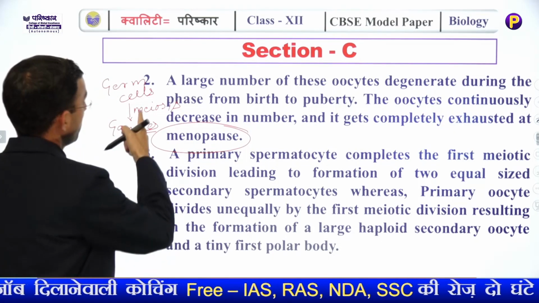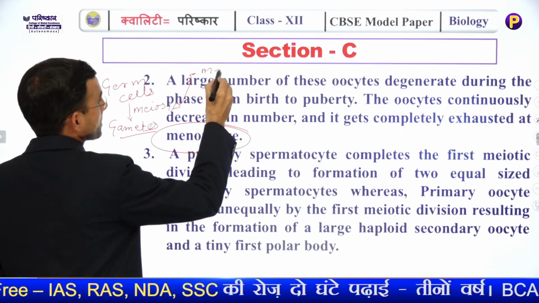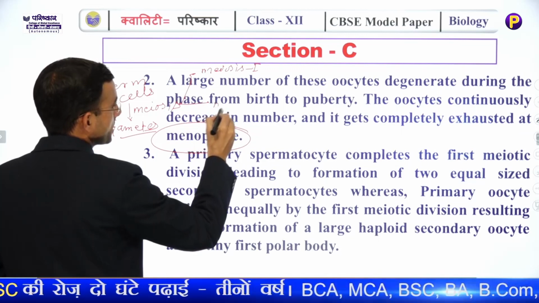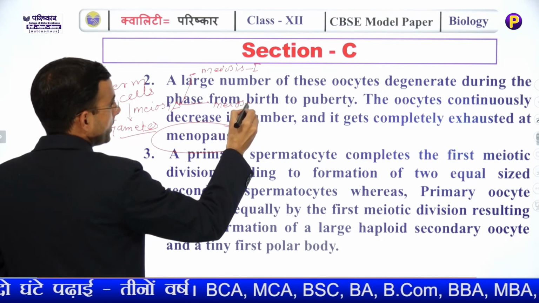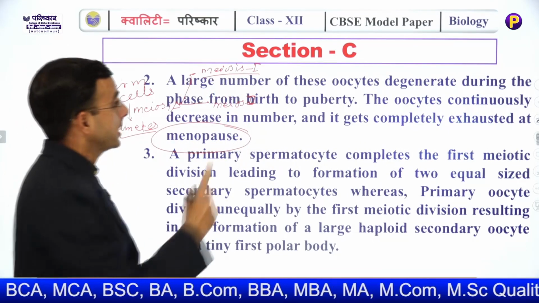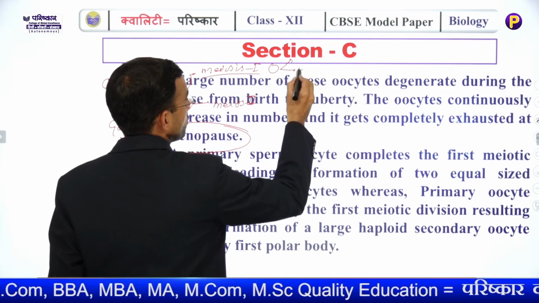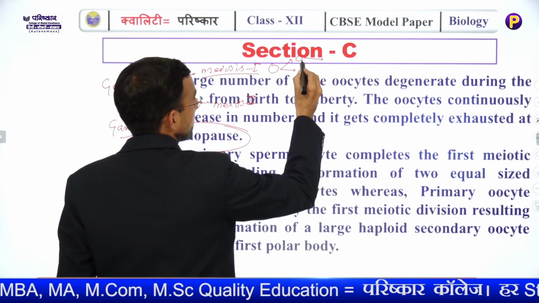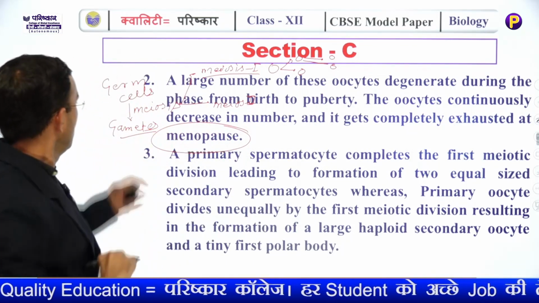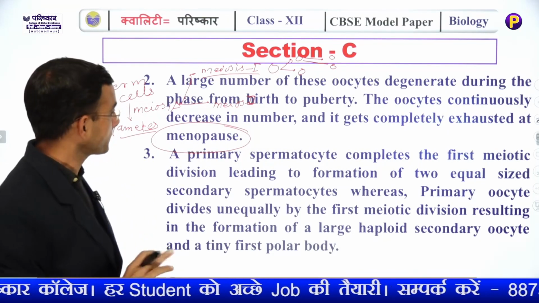There are two divisions of meiosis, meiosis first and meiosis second. After meiosis first there are two cells, and in these cells meiosis second takes place. So in meiosis there is formation of 4 cells.